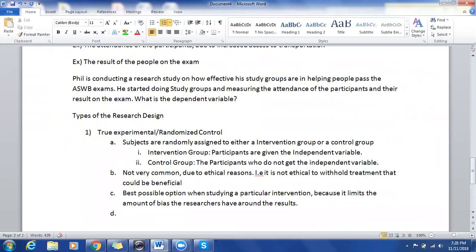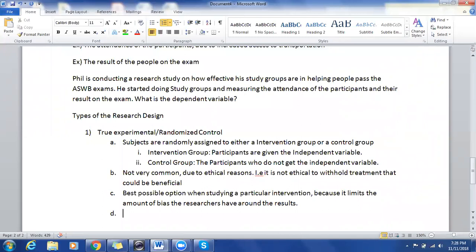I can't fiddle with the dependent variable by saying, oh my gosh, my study groups are really great because I picked only these particular people that can attend because I know that they're more intelligent or they got this close to their last exam score. Which is very unethical, only offering it to a certain amount of people. However, that's why it's a true experimental.